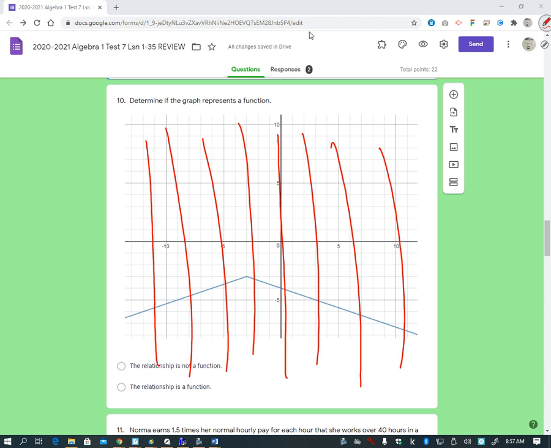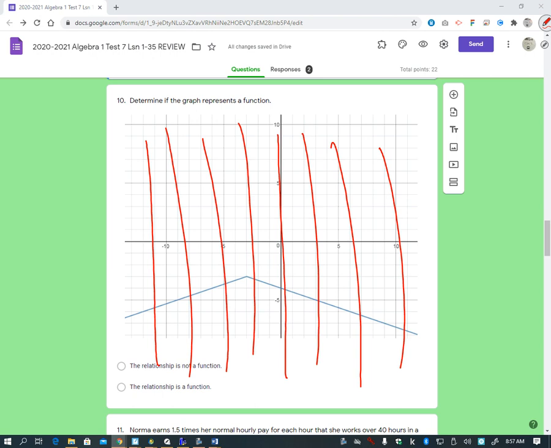It doesn't pass. And that's really good because I've seen in some of your other tests where everybody's getting this wrong.